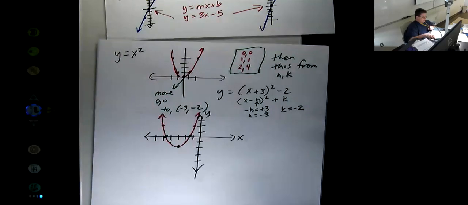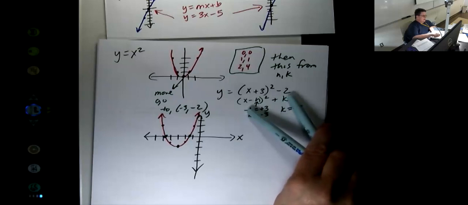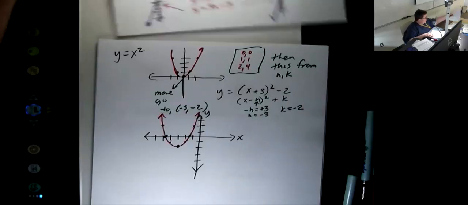But when it's already written like this, it's super quick. When it's written in another form where it's all multiplied out and you have ax squared plus bx plus c, it's a little longer.